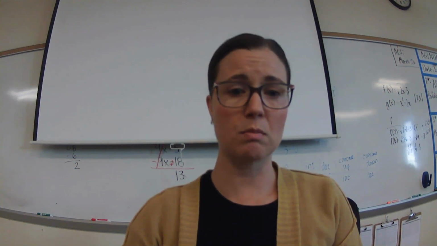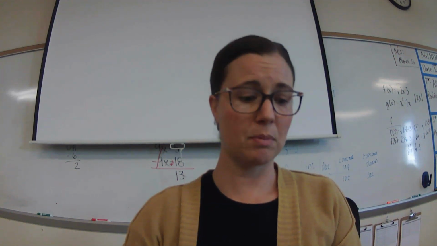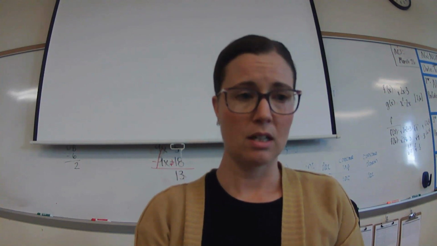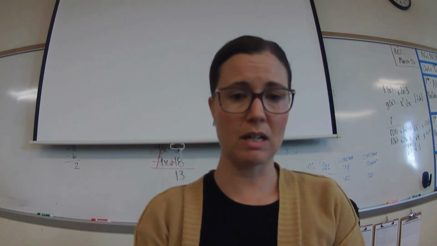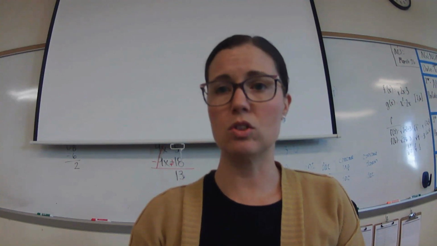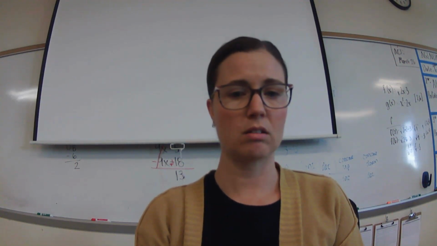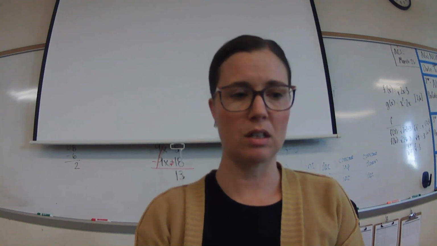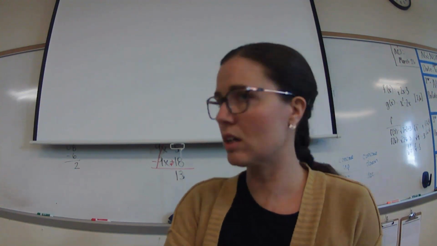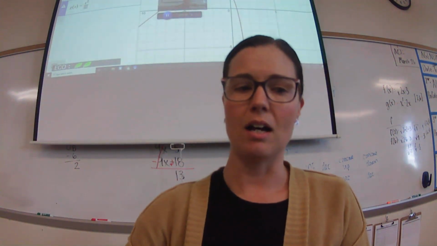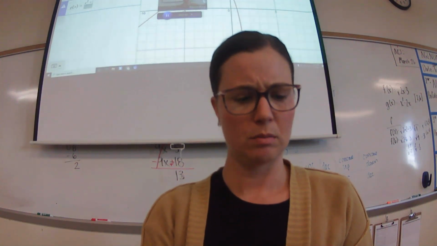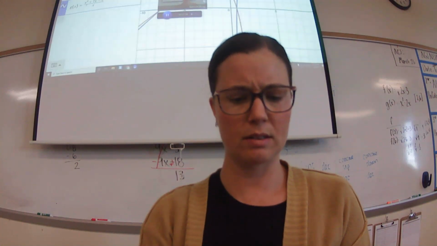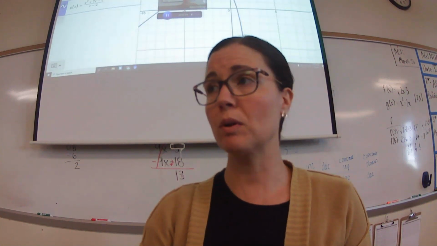So if we go to Desmos and I type in f of x equals x plus 9 plus 13 over x minus 2, and just to show you, we'll call it g of x, x squared plus 7x minus 5 over x minus 2. You can see these two are equivalent to each other.